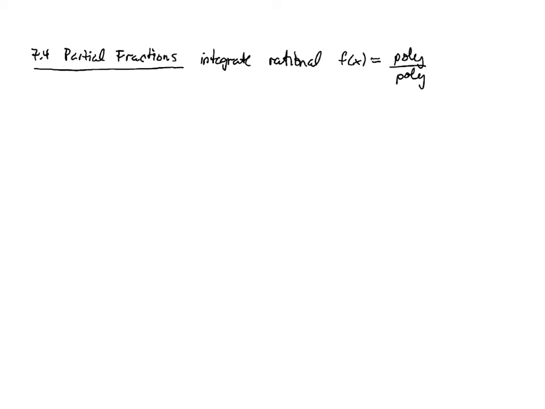And the big picture idea here is that you take an arbitrary rational function and rewrite it in terms of simpler ones that we know how to integrate using the techniques that we've developed so far in this chapter.